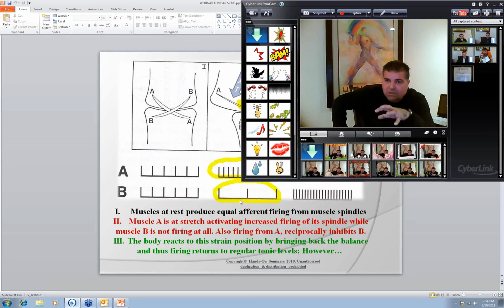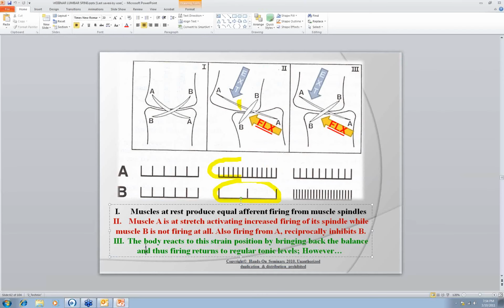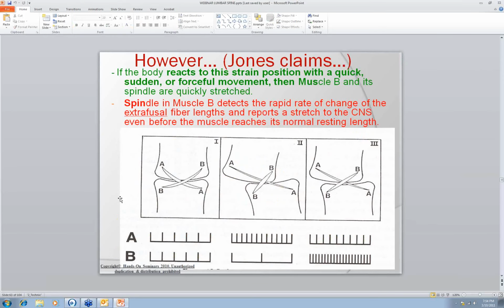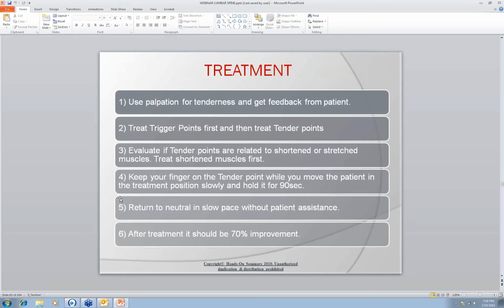And what he proposes is that you reset that muscle spindle. How do you reset the muscle spindle? Well, what he suggests is to identify a specific tender point on the muscle.